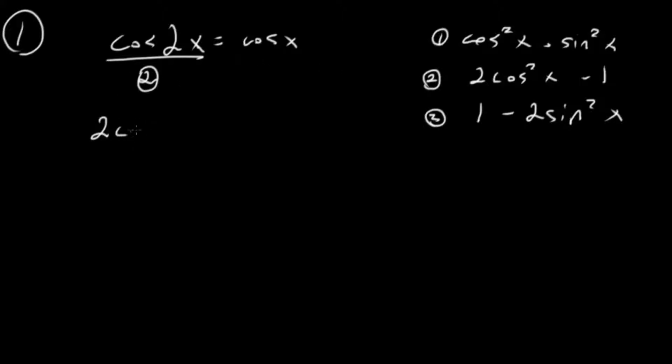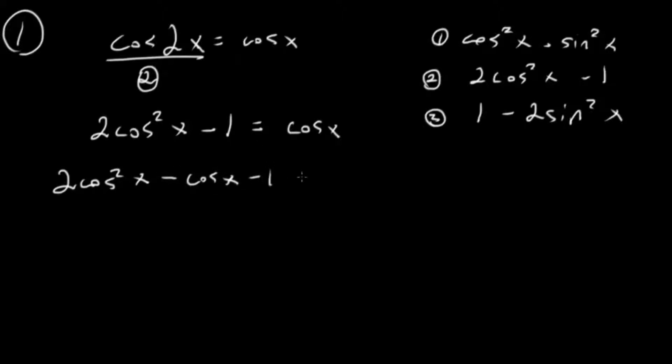So 2 cosine squared x minus 1 is equal to cosine x, and now we are in familiarity land. We know how to deal with this. Let's go ahead and move everything to one side. 2 cosine squared x minus cosine x minus 1 is equal to 0, and here we have a quadratic.